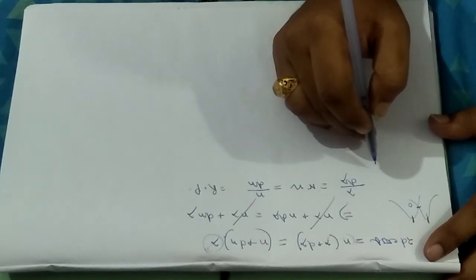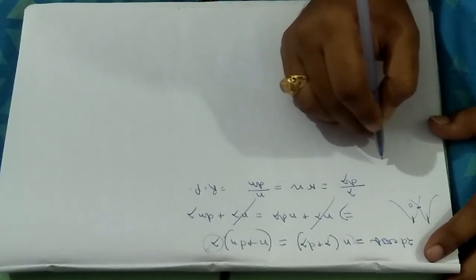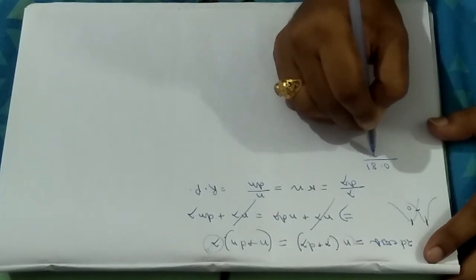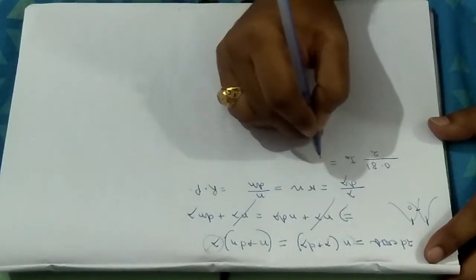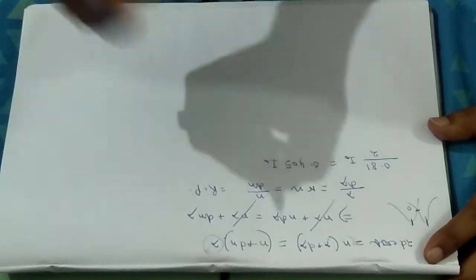So the point of intersection of the curves is 0.81 by 2 I0, that is equal to 0.405 I0.